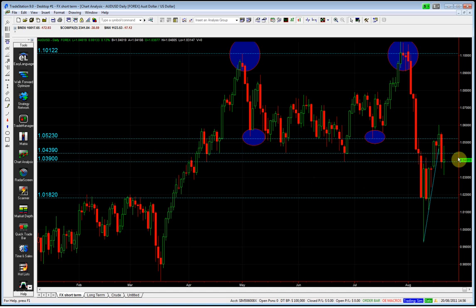Now, within the last 10 days or so, we've got three significant levels very close to the price action. We've got the 105.23, which is here. We have the 104.39, which is this low, then this point, slightly overshot it and moved up.